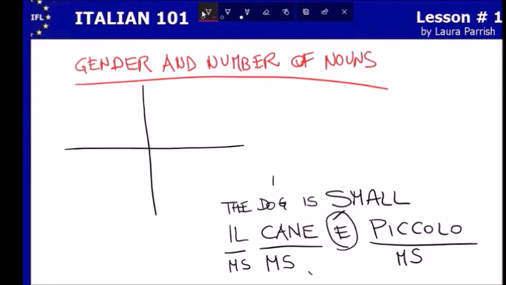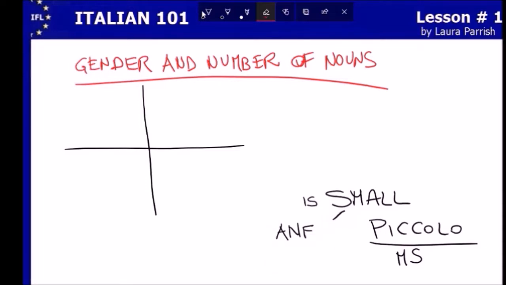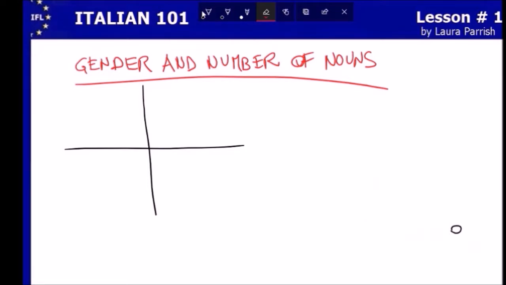So that's the reason why I like to divide my page in four quadrants when I'm doing a lesson, because in Italian, like in all the Romance languages, it is so important. So this corner here will always be the quadrant of the masculine singular, okay?